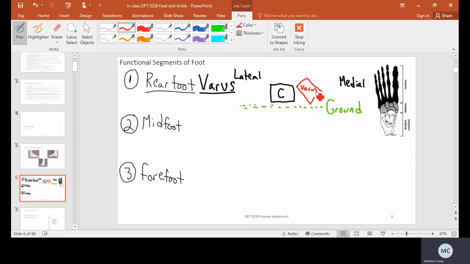Inversion, right? What's happening to the rest of my foot? What portion of the rest of my foot is on the ground? The lateral side, the fifth metatarsal. The first metatarsal is not on the ground, is it? No, it's up in the air. We're already seeing that rear foot varus can have drastic ramifications for the rest of my foot.